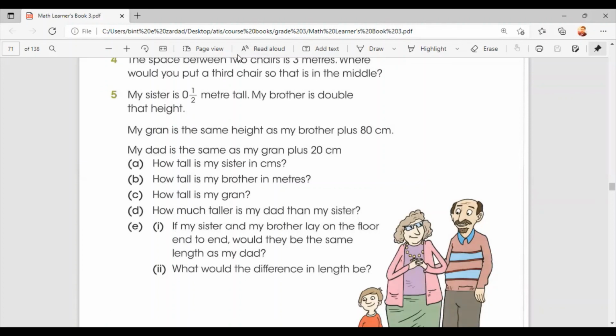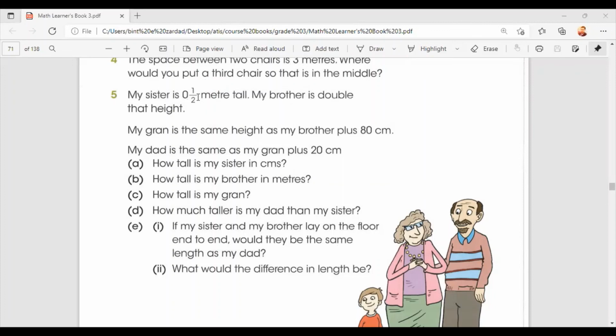Half meter means 500 millimeter. Double the height means 1000... no, I think it is not 1000, I made a mistake.